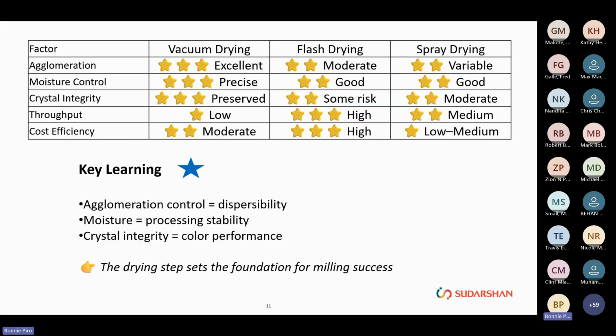If we're breaking the crystals by a very aggressive drying process, then we shift the color away from its intended position. So, all this taken into consideration, the drying step really does set the foundation for not only the success of the milling in the pigment manufacturing process, but also your milling and dispersion success as well.